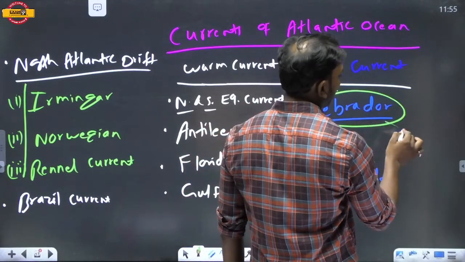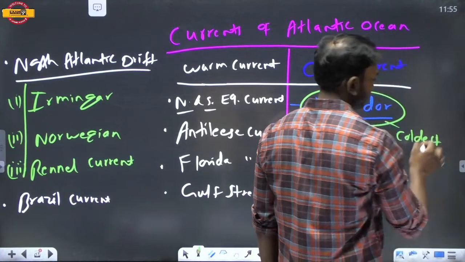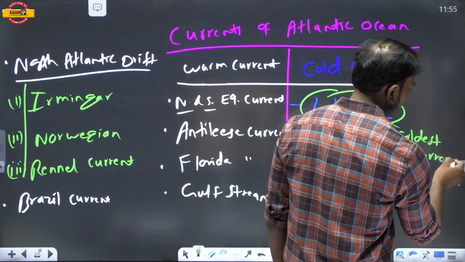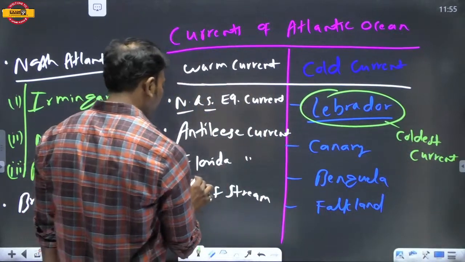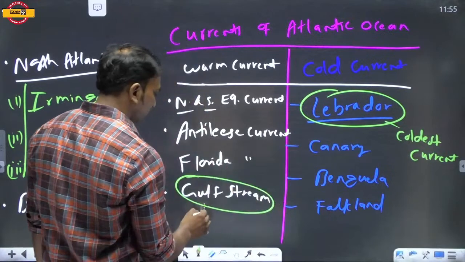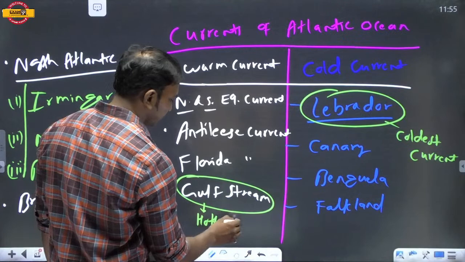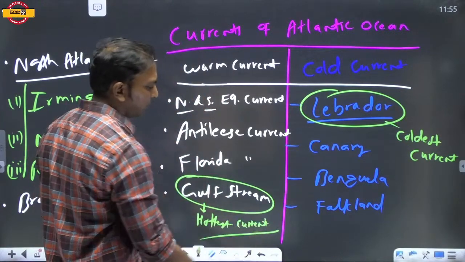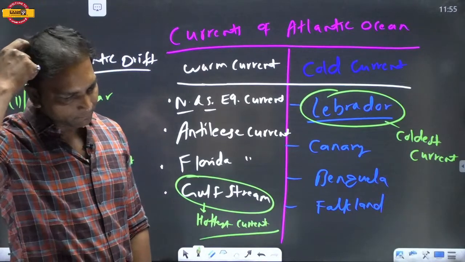Labrador is the coldest current amongst the others. And the Gulf Stream is the warmest or hottest current. We are just going to discuss the Gulf Stream.